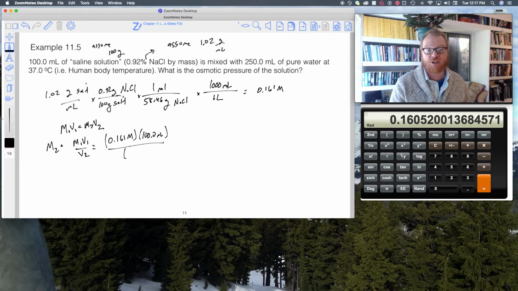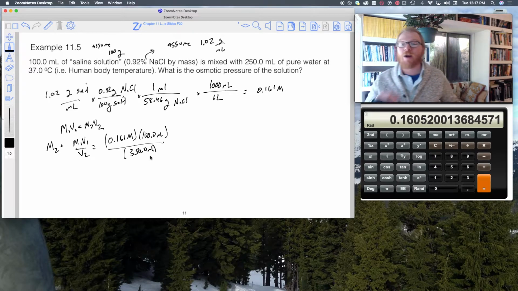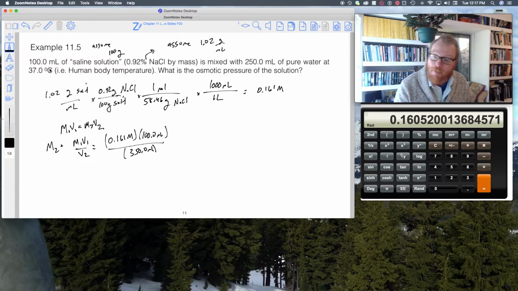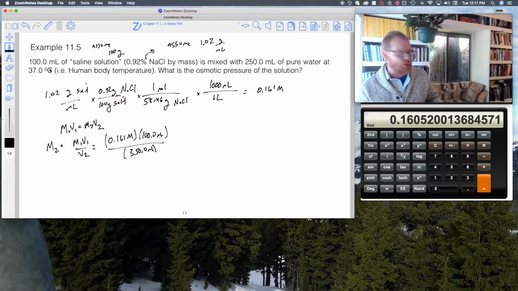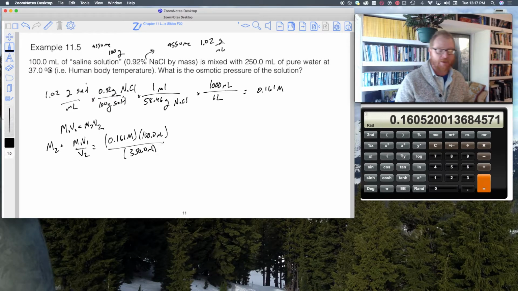And my V2 is now 350 milliliters because I have to remember I'm making a new solution. I've taken the 250 and I'm adding it to 100 to make my new volume of 350 milliliters.